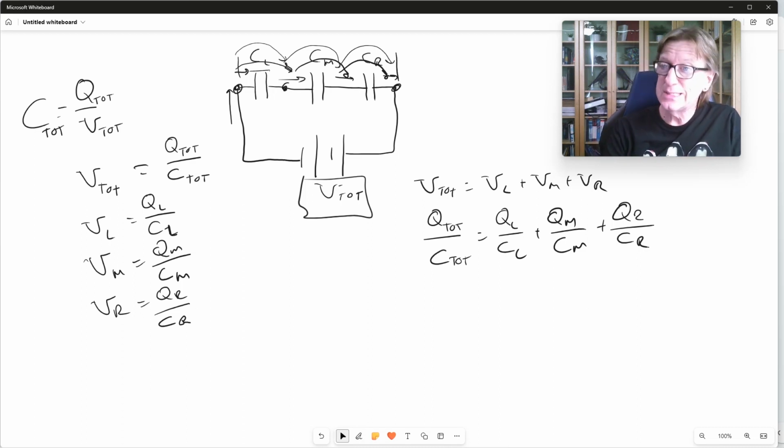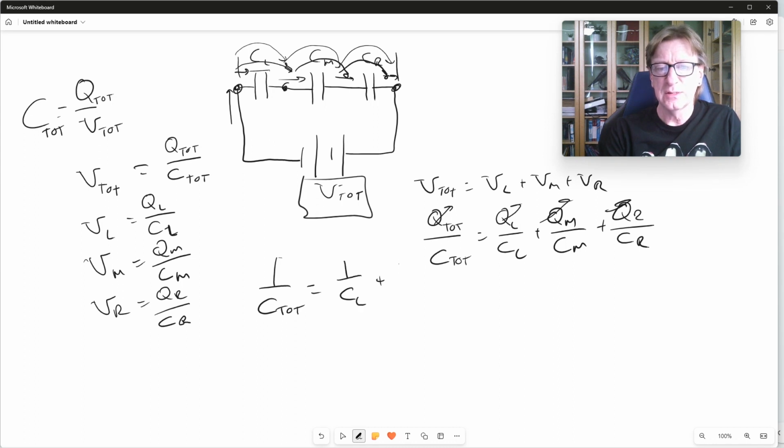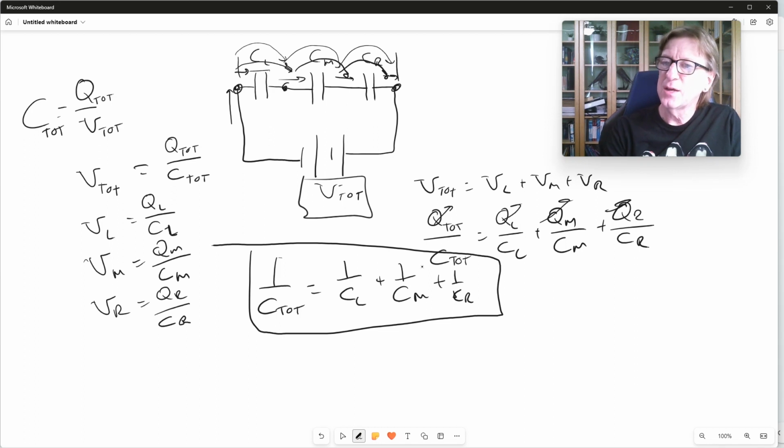If the current is the same, then the charge must be as well. So all of these Q's are the same, and I can just divide them out. What I'm left with is 1 over C total equals 1 over CL plus 1 over CM plus 1 over CR. And that is the expression for combining capacitors in series.